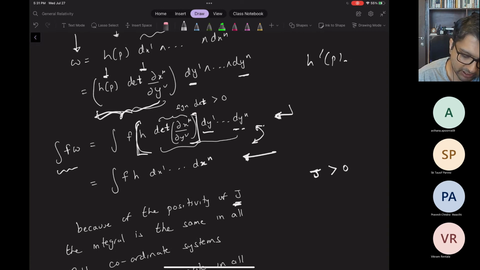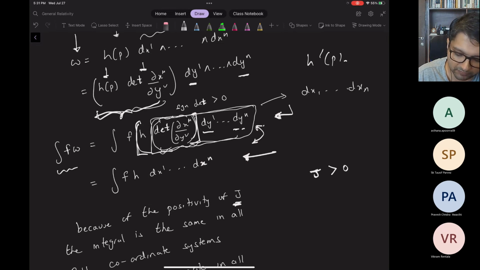Now I can think of this h, instead of being associated with this determinant prefactor, as being associated with this dy1 wedge dyn, dy1 dot dot dot dyn, this integration. And this is exactly when I change the integration measure, it's a change of variables, dx1 dot dot dot dxn. The key point is about the orientation of the integration.